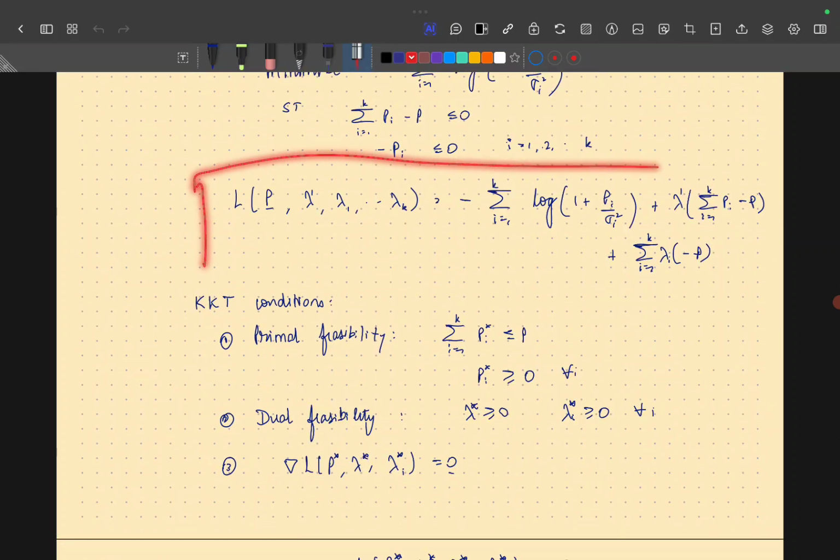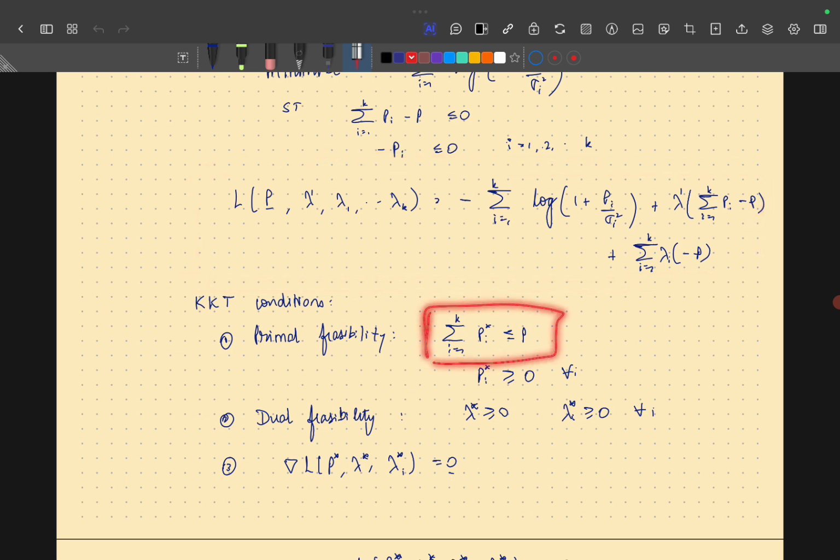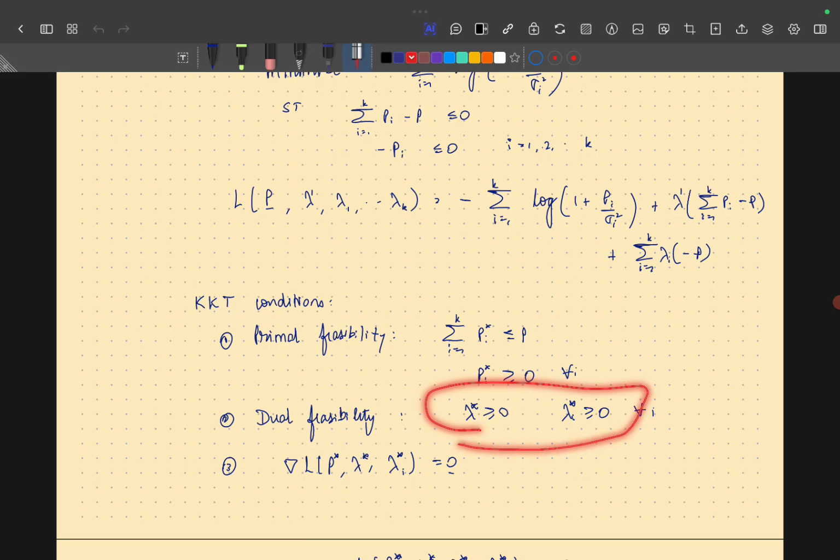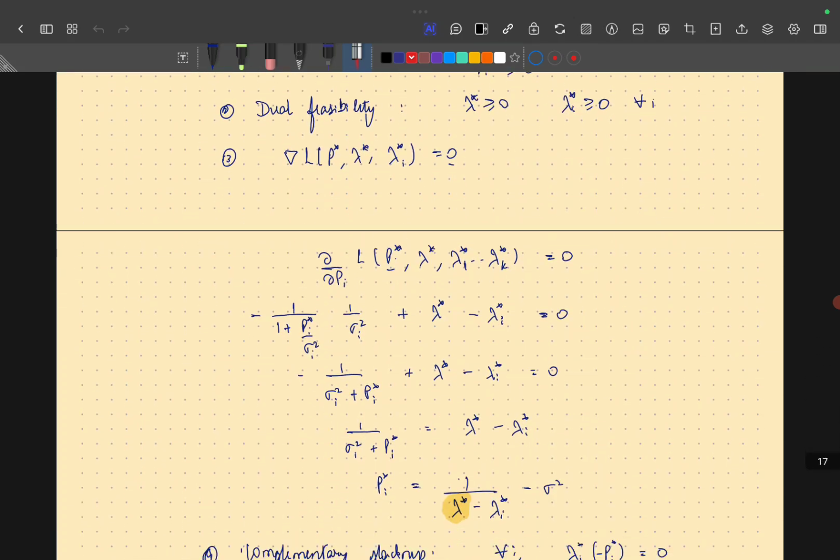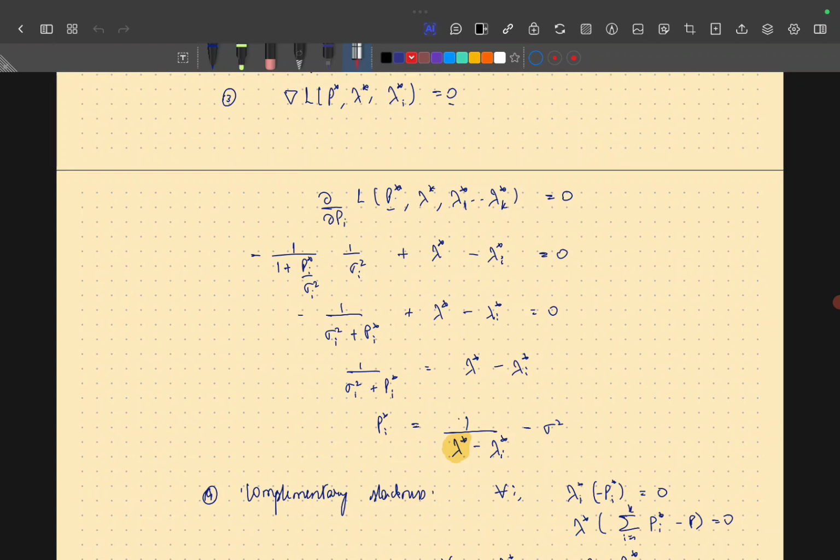And for this, we first formulated the Lagrangian and then checked for each of the KKT conditions. So primal feasibility says that the total power constraint should be less than or equal to P, each of the powers should be greater than or equal to 0, and we only have inequality constraints over here. So we have a total of k plus 1 Lagrange multipliers, and each of these should be greater than or equal to 0. And then we also evaluated the gradient.